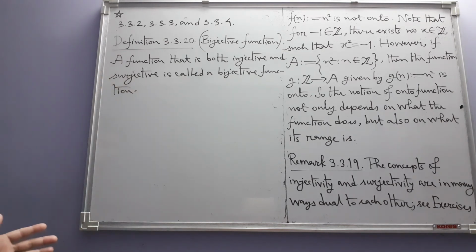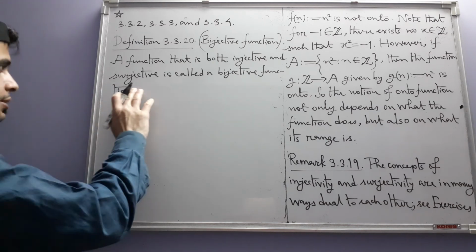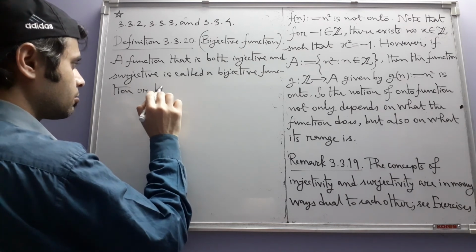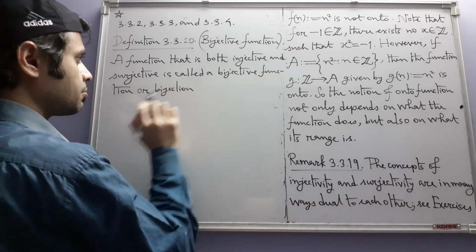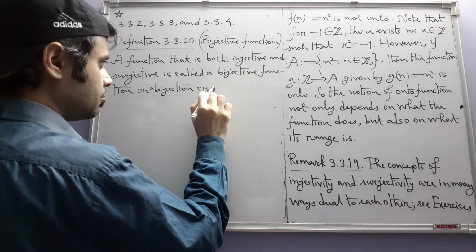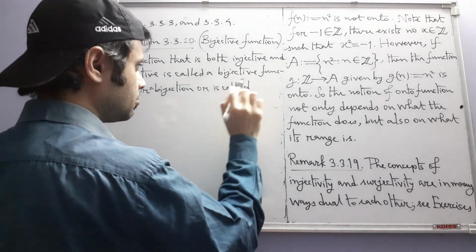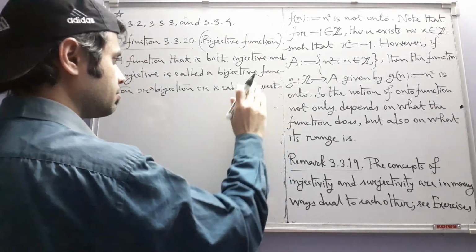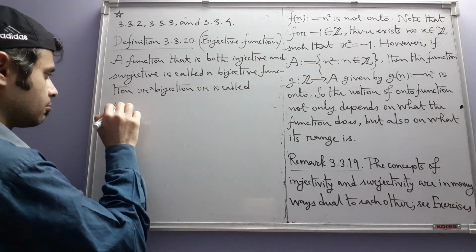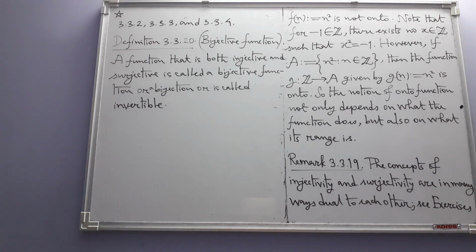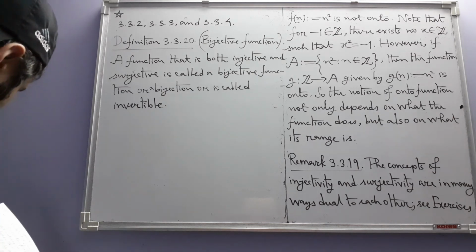It has to be both injective and surjective, and this has another name: a bijective function or a bijection is called invertible. Let me write it here. Now next we have an example.